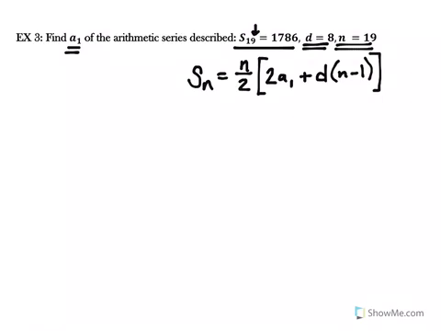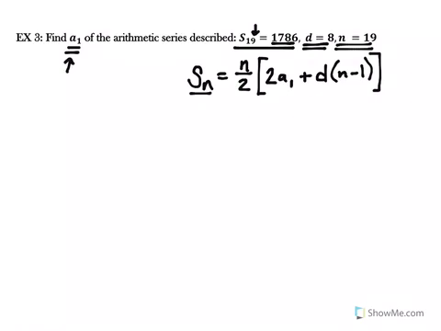So we don't know our starting point, but from that starting point, when we add 8 to it 18 subsequent times and then add them all together, we get this sum. So we're going to use this sum formula, the second formula that we've learned about.